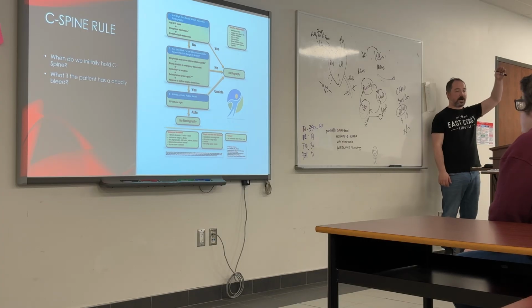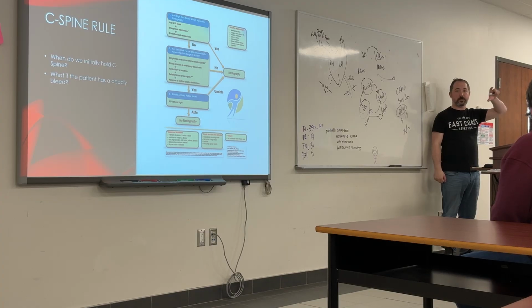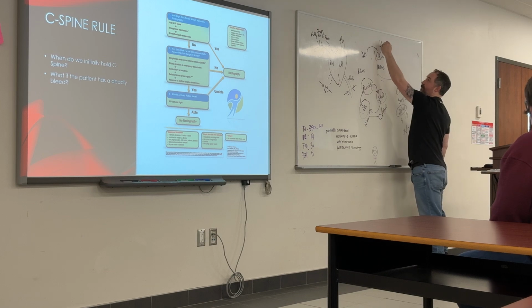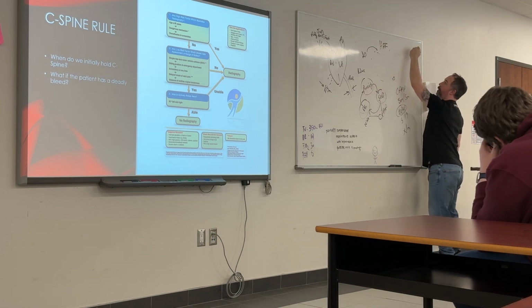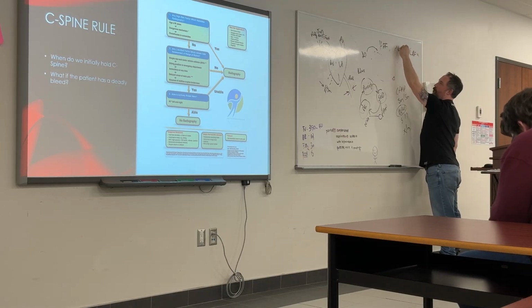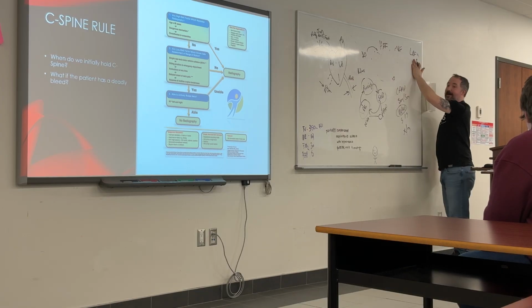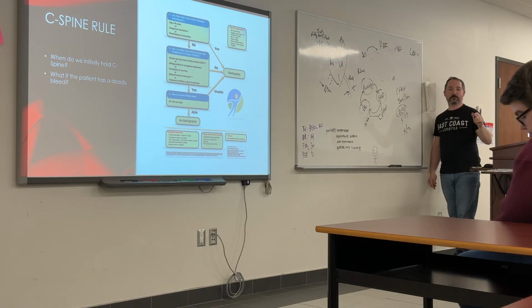So if somebody has a high risk factor, they get a collar. If they don't have one of those low risk ones, that means there's something else going on. In the lab, we talked about high risk factors and low risk factors. Technically there are also medium risk factors, right? So if it's not a high risk one and it's not a low risk one, then it must be a middle one, so we'll give them a collar.